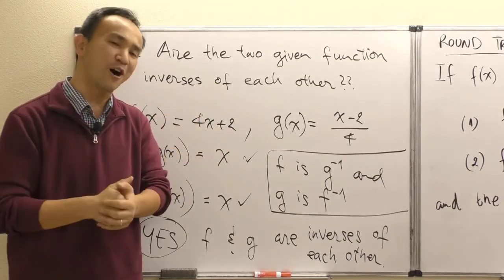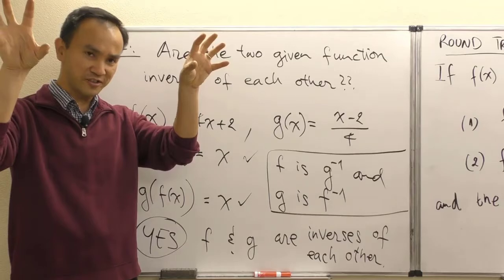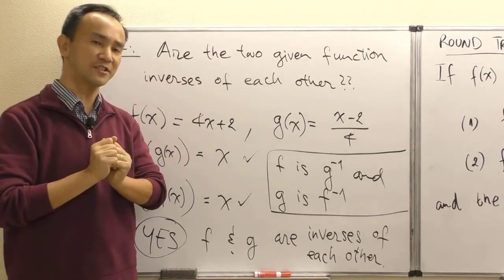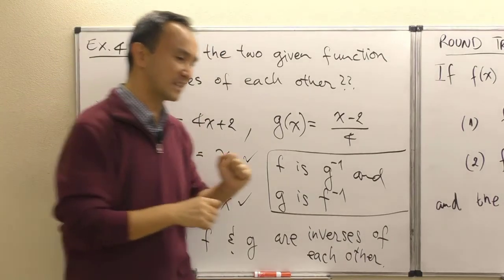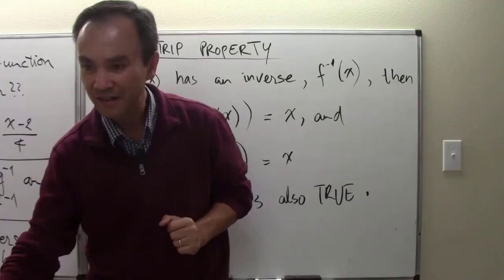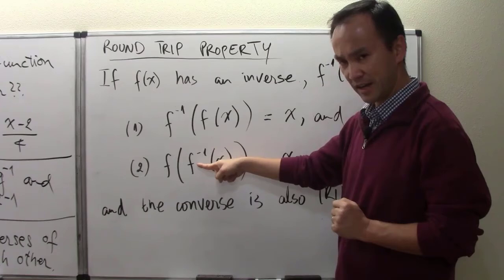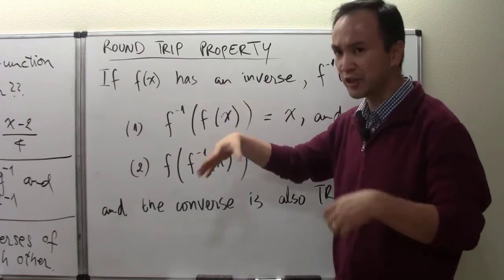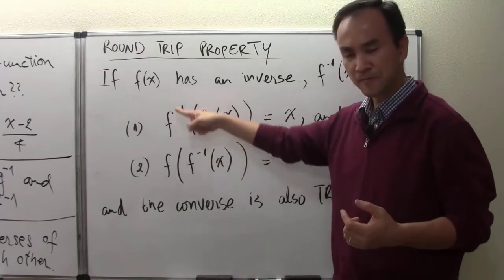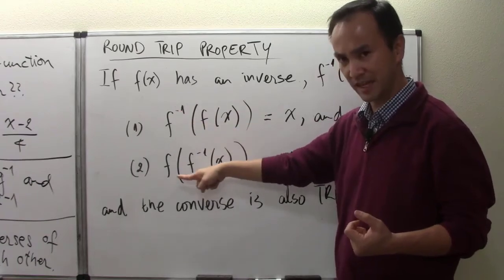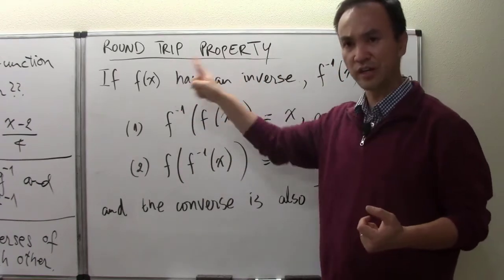It's a round trip logic as well. So if you have two functions that you know are inverses of each other, then they will satisfy these two requirements. And as long as you know any two functions that satisfy these two properties, they will have an inverse relationship.